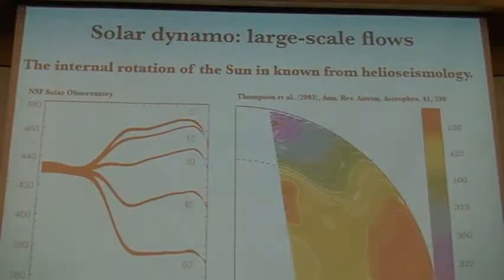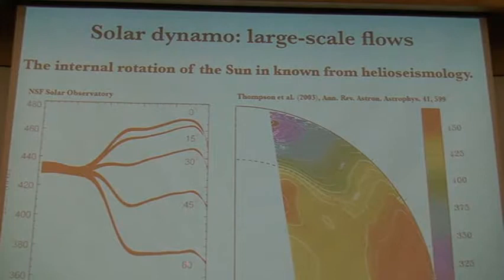Okay, so one thing that we do know quite well from the observations is the internal rotation of the Sun, which is known from helioseismology. What we have is a rigidly rotating inner core, then we have this very narrow shear layer, which we call the tachocline, and then we have basically very little radial differential rotation in the convection zone, which is here between 0.71 and 1 radius.